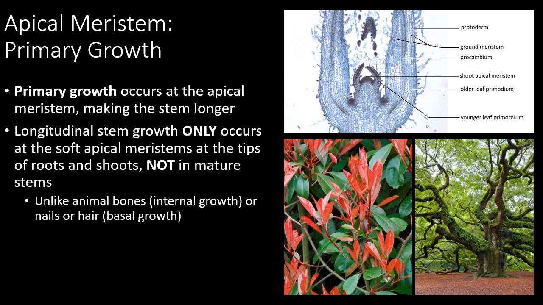Longitudinal growth or lengthwise growth in stems only occurs at those soft apical meristem shoots. It does not occur in mature stems. So once a soft new shoot has gotten kind of hard and stopped elongating, that's it. It does not continue to get longer in that older mature section of the shoot.